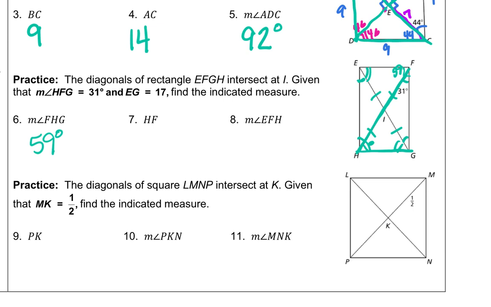If EG, oh, no, I'm not going to have to do that because EG is the other diagonal, and they told me that it was 17, which means both diagonals are the same. So if you know one, you know two. And then the last thing is EFH. E to F to H is that angle again, which is also 59 degrees.